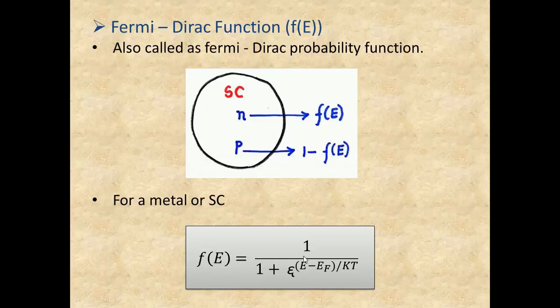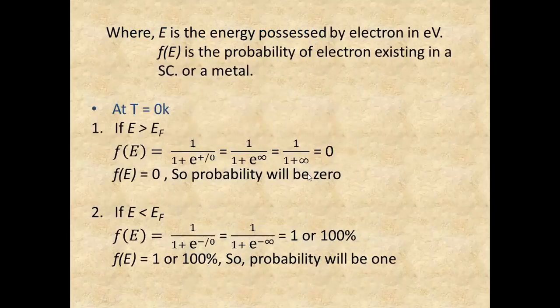Okay, next, now let's see the case when temperature is 0 Kelvin. What happens? So when temperature is 0 Kelvin, we have three cases: when E is greater than Fermi energy, when E is less than, and when E is equal to Fermi energy. So when E is greater than Fermi energy, what happens?